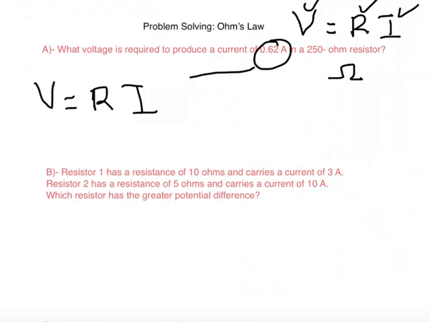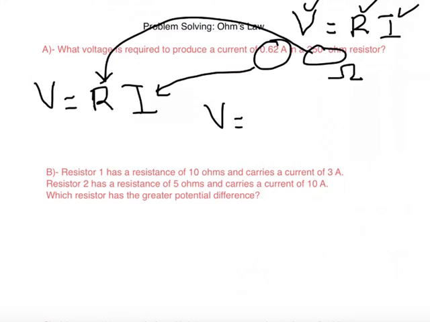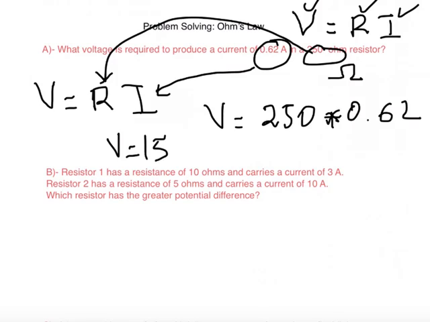I is given, 0.62 amps. The R is given, this is 250 ohms, so V would be in volts. So just multiply 250 by 0.62, and that will give us V equals 155 volts.